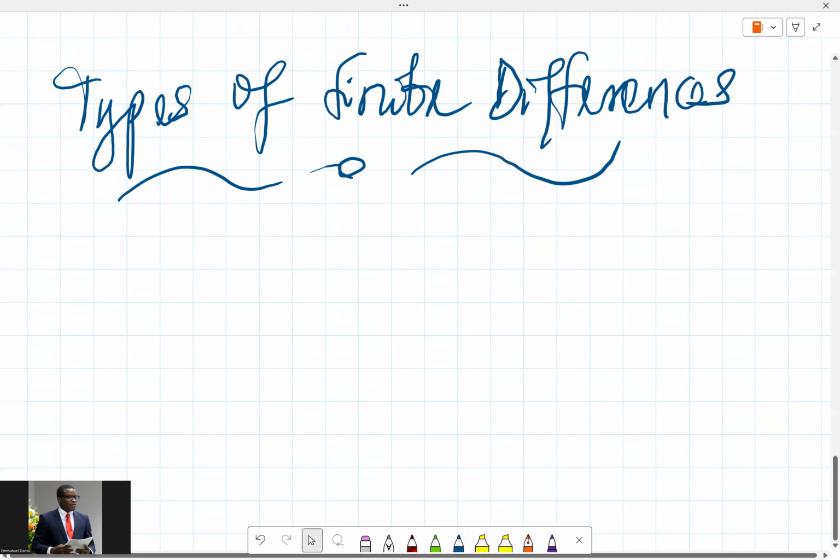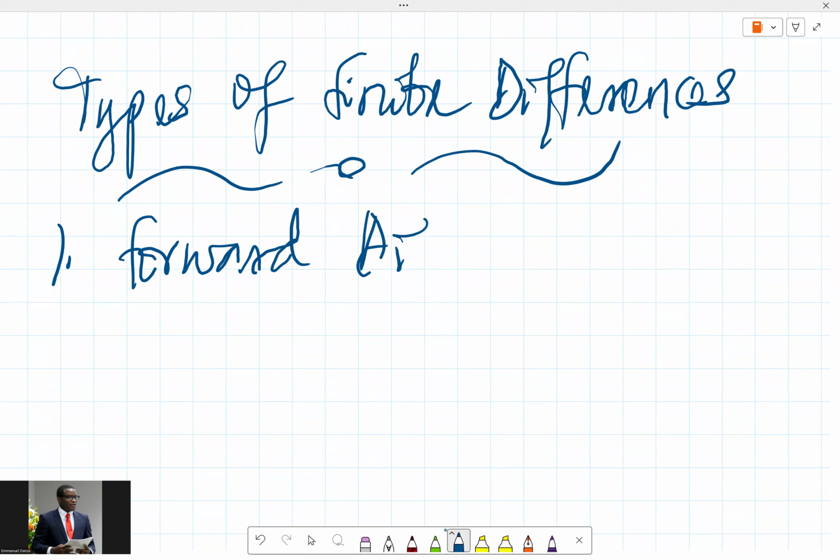As we talk about the types, we take examples. The first type is what you call the forward difference.